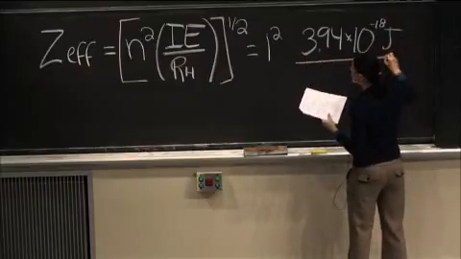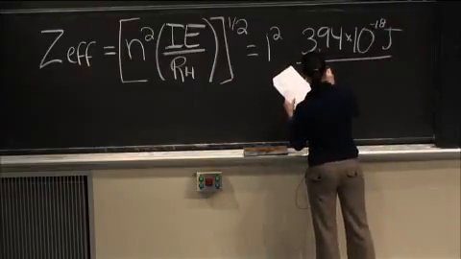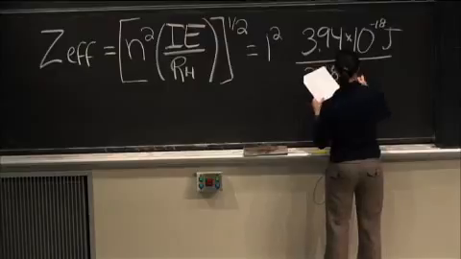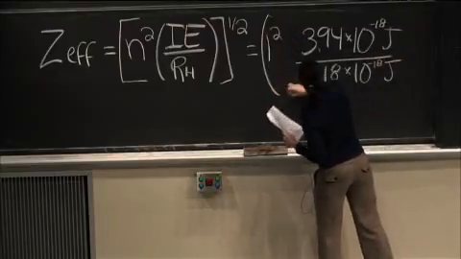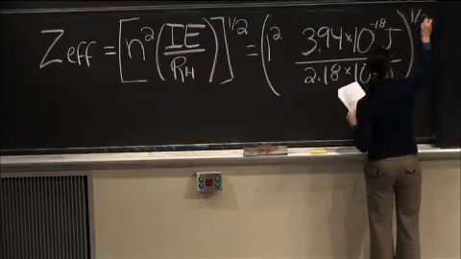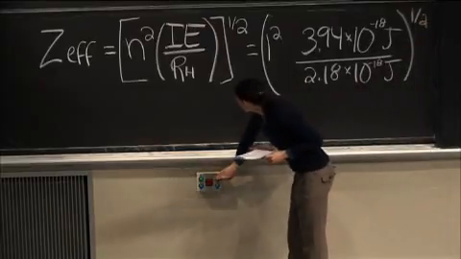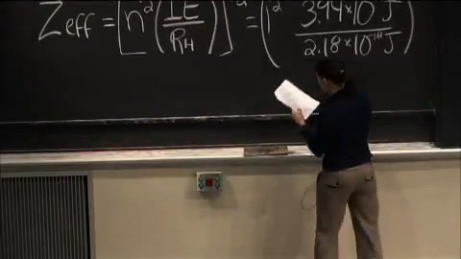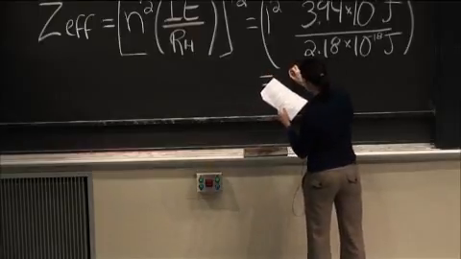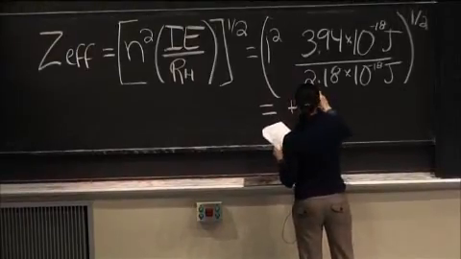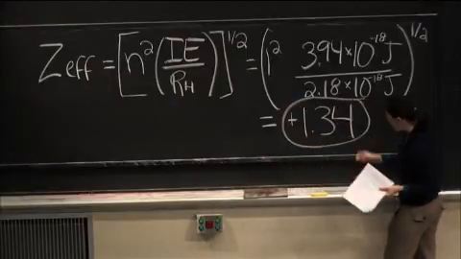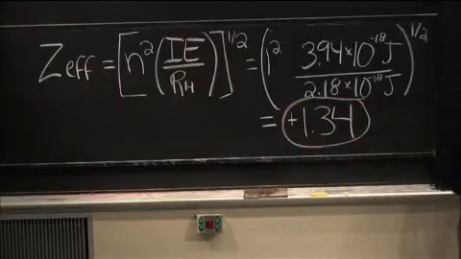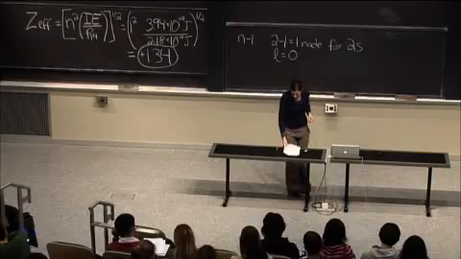We put all of this over the Rydberg constant, which is 2.18 times 10 to the negative 18 joules, and we want to raise this all to the 1/2. So what we end up seeing is that the Z effective is equal to positive 1.34. So this is what we find the actual Z effective is for an electron in the helium atom.